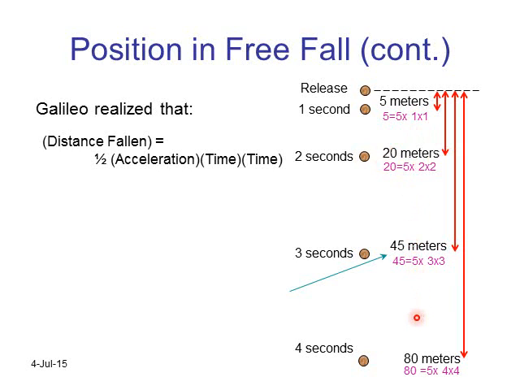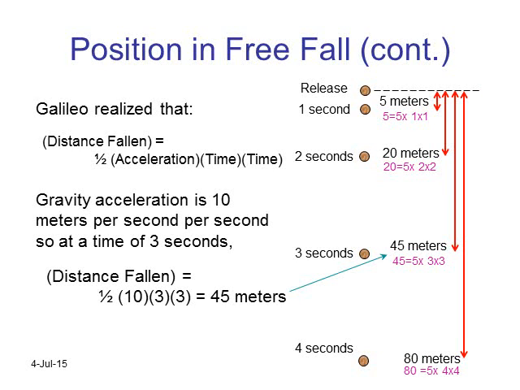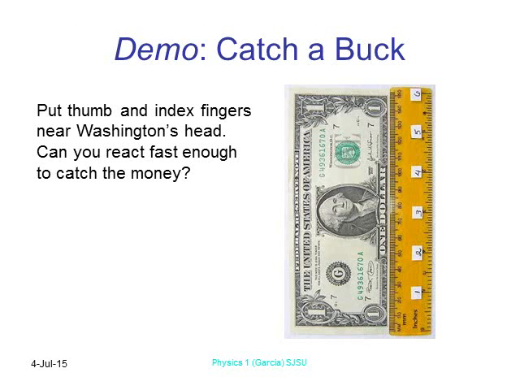So we see this exact ratio that was on Galileo's inclined plane. Gravity accelerates at 10 meters per second squared. When you hit 3 seconds, the slide does the math for you. Distance fallen is 1/2 times 10 meters per second squared, and then 3 seconds squared, 3 times 3, and you get 45 meters. We'll practice doing a few of those.